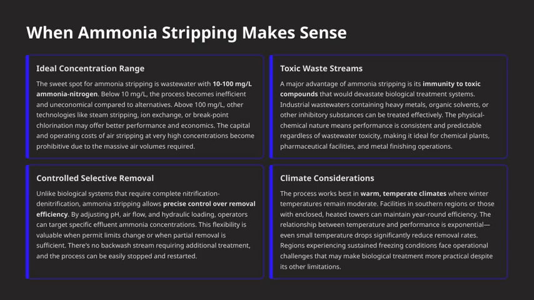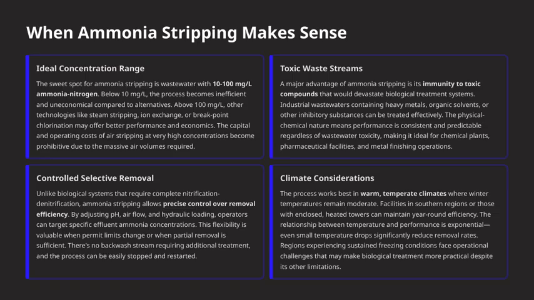When considering ammonia stripping, it's important to understand the ideal concentration range where this process is most effective. Typically, wastewater with ammonia nitrogen levels between 10 and 100 milligrams per liter is the sweet spot. If the ammonia concentration drops below 10 mg/L, the process tends to become inefficient and may not be cost-effective compared to other treatment options.